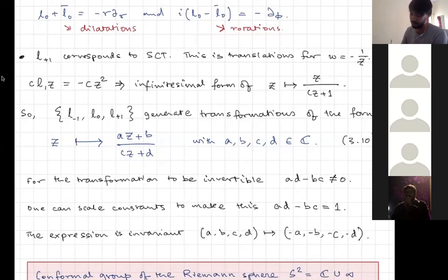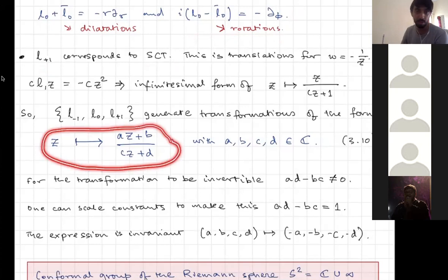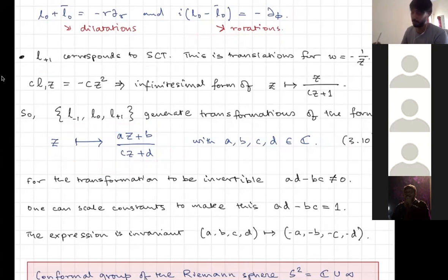And you will also find that L_+1 actually corresponds to special conformal transformations. So all of these taken together form this particular general transformation of z going to (az plus b) by (cz plus d), where a, b, c, d are valued in C.